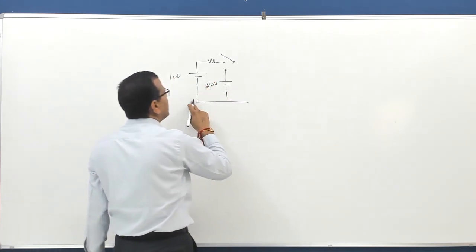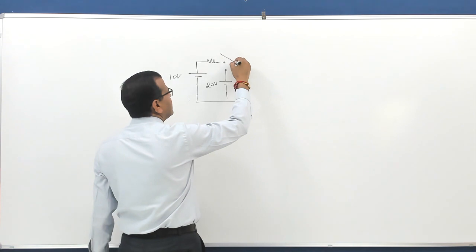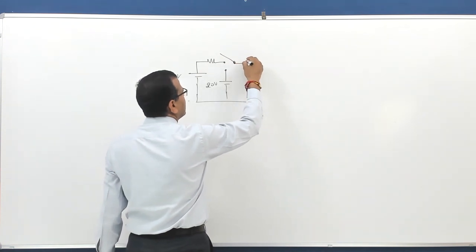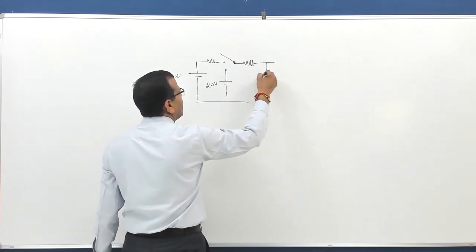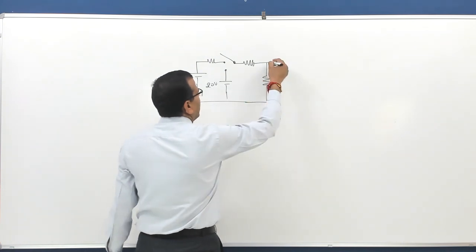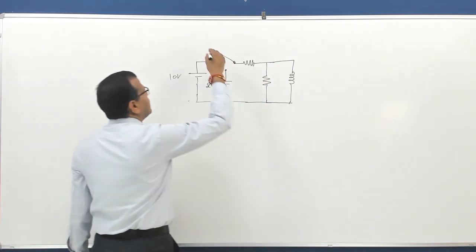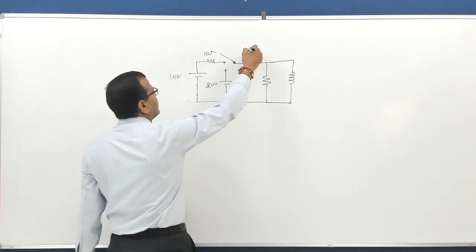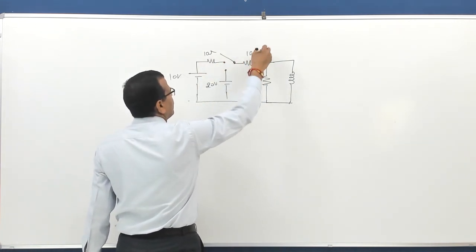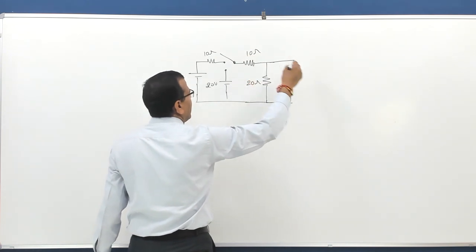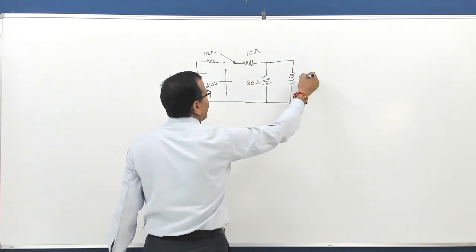Just like previous case, I have removed resistance from here, then I have a resistance, then again a resistance, an inductor, say this is 10 ohm, this is 10 ohm, this is 20 ohm, and this is say 5 Henry.